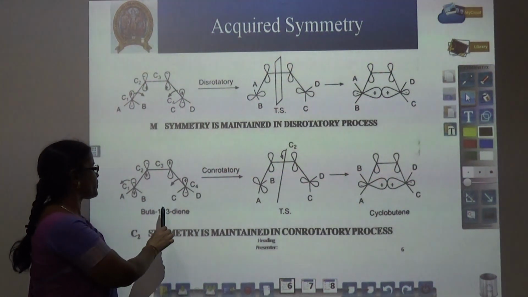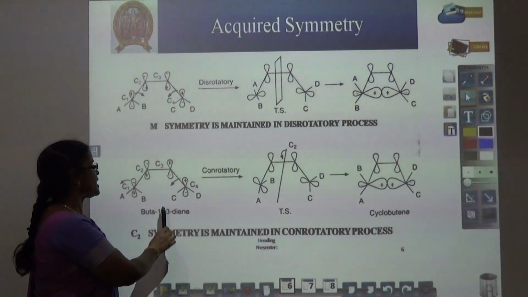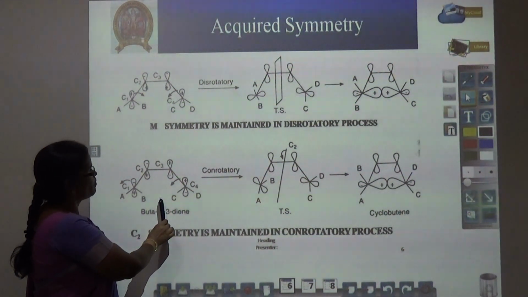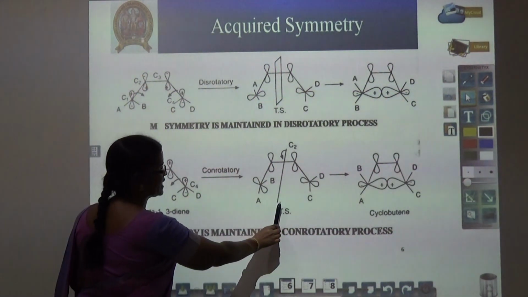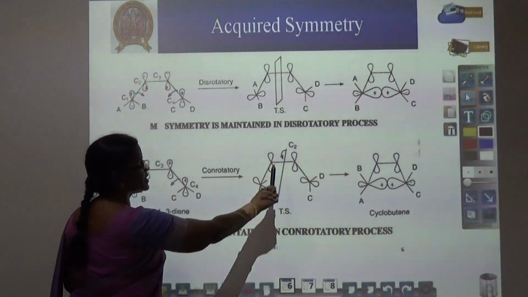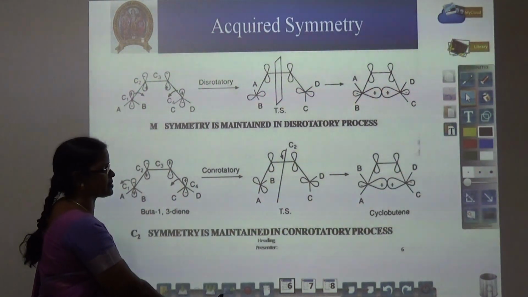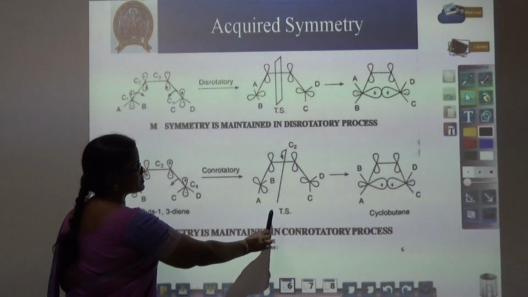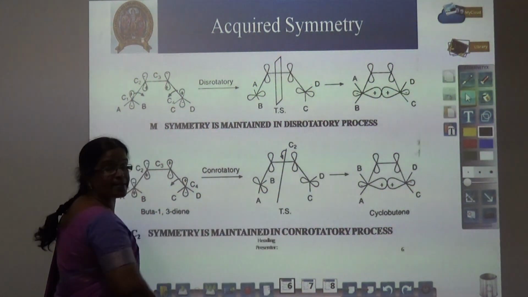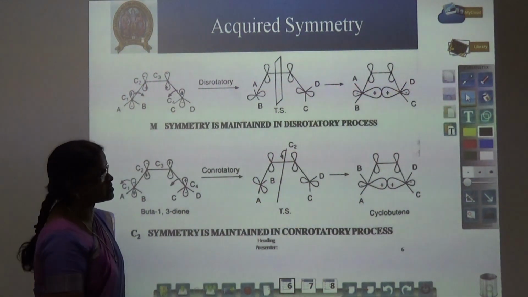In the case of buta-1,3-diene, the HOMO after the conrotatory process gives this transition state. This transition state has only the C2 axis of symmetry. So, whichever axis of symmetry or mirror plane symmetry is suitable for the transition state is called the acquired symmetry.